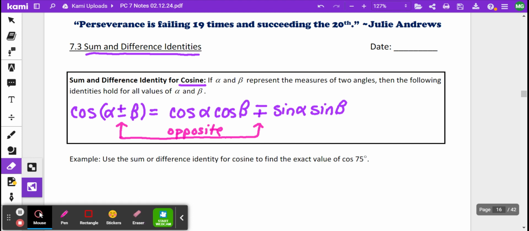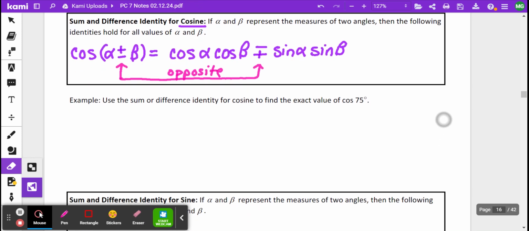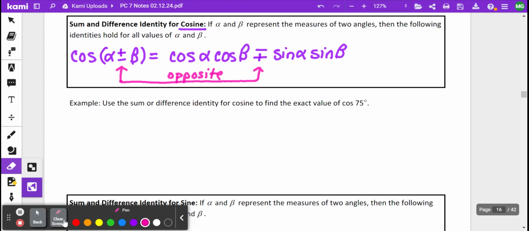So look at what we have for our example. Our example says that we are to use the sum or difference identity for cosine to find the exact value of the cosine of 75. So we have to think about our special angles and how we might get 75 by either adding or subtracting them.